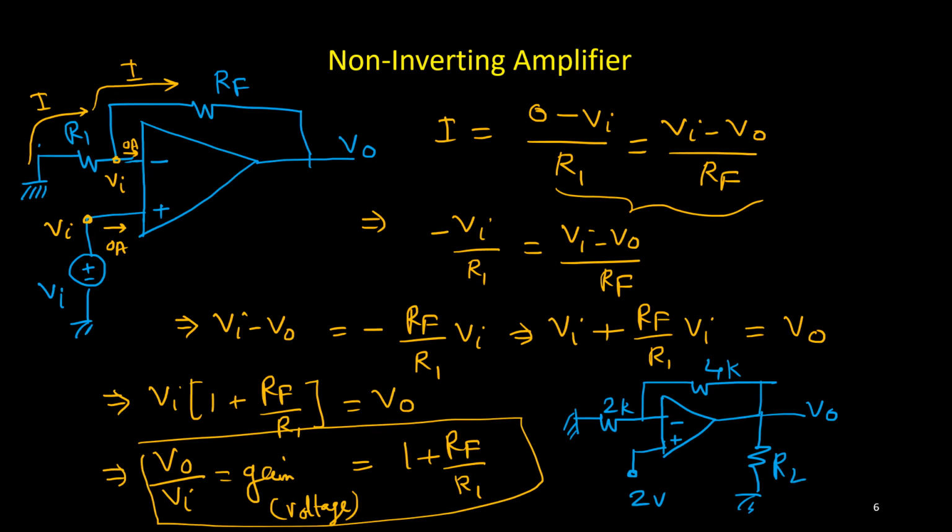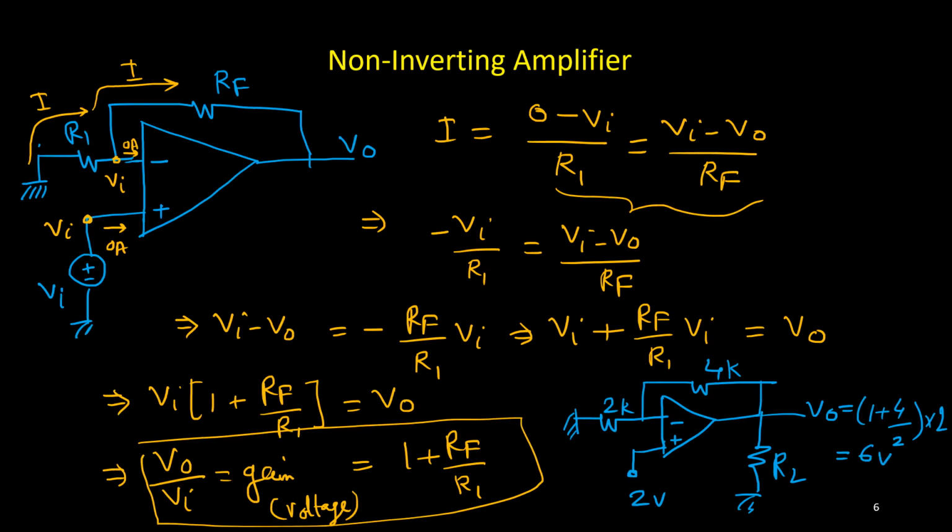This RL could be anything, because the output voltage is independent of RL in this case. That is the beauty of this operational amplifier. So V0 will be simply 1 plus RF upon R1. So 1 plus RF is 4 and R1 is 2, multiplied by the input voltage 2. So 4 by 2 is 2, 2 plus 1 is 3, 3 into 2 is 6, so it is simply 6 volt.